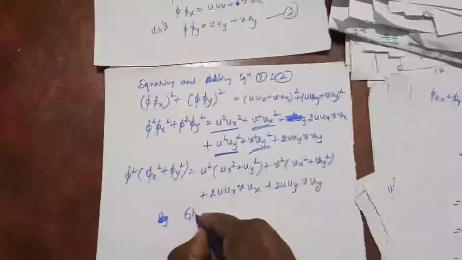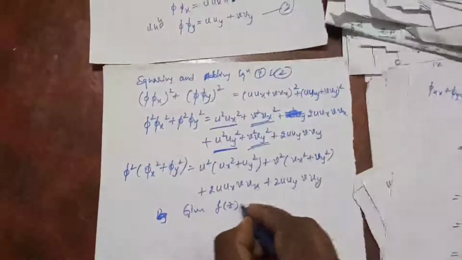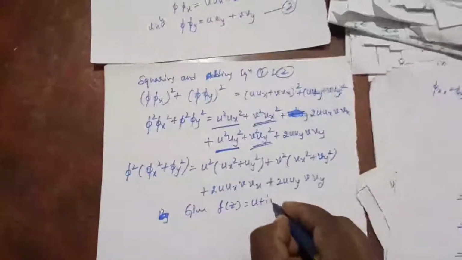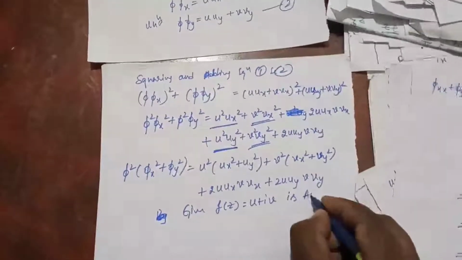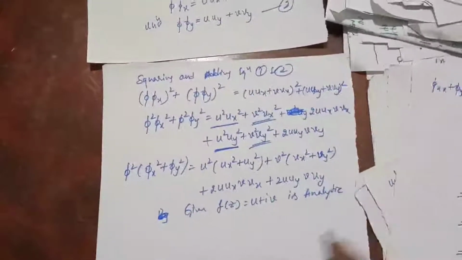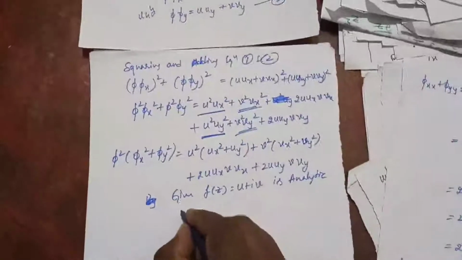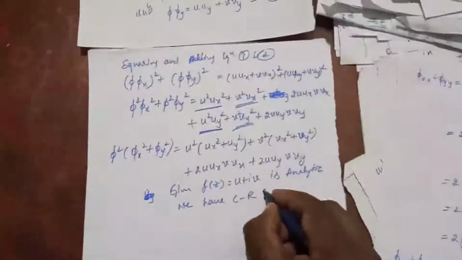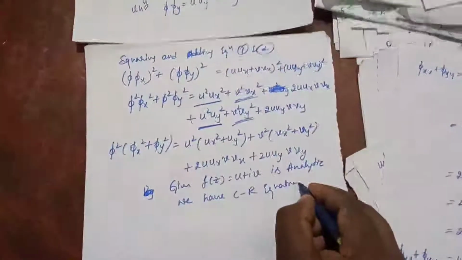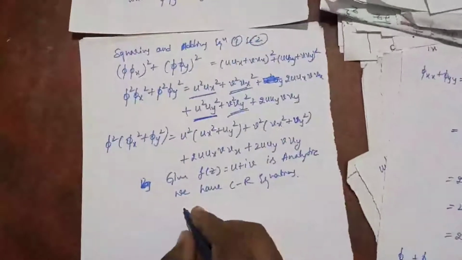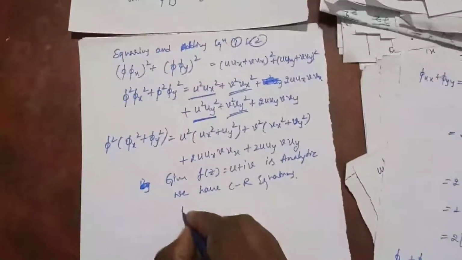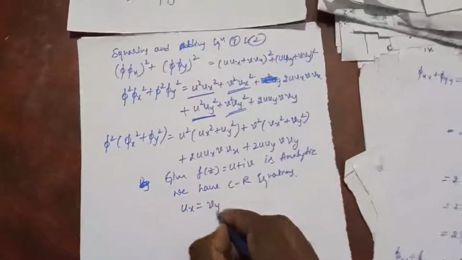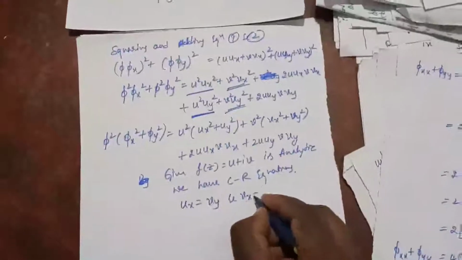By the CR equations, given f of z is analytic, or regular or holomorphic, whatever, we have the Cauchy-Riemann equations: u x equal to v y and v x equal to minus u y.